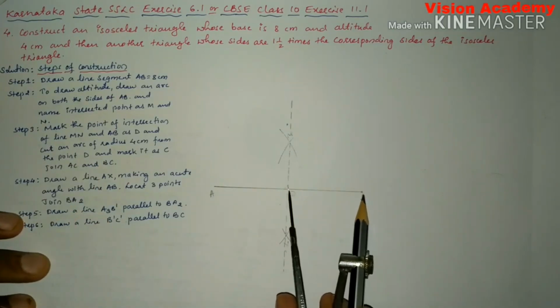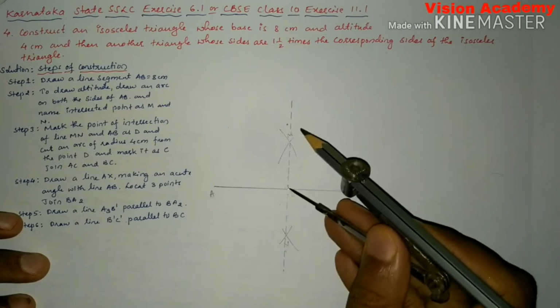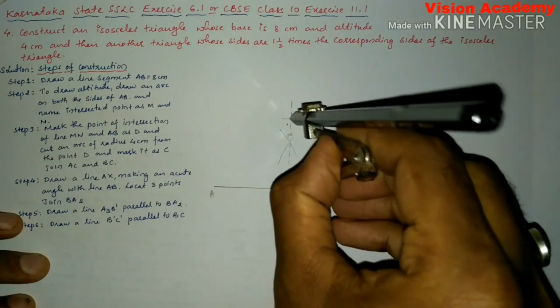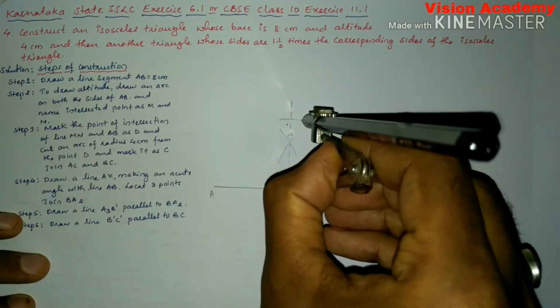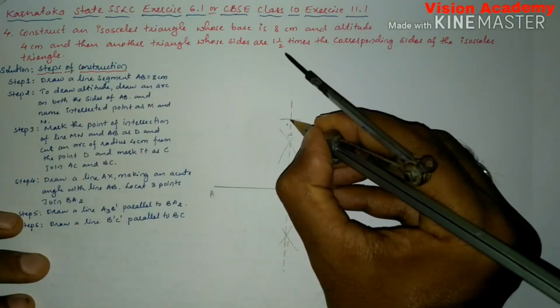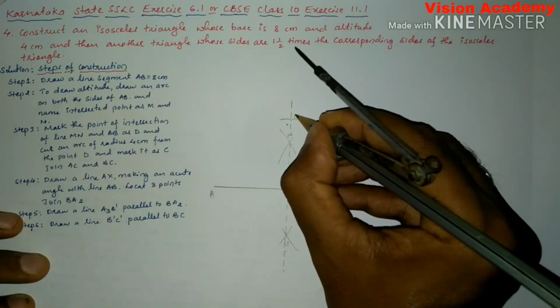Now I'm going to take the length of this DB, that is 4 cm, and keep it on D and cut here. So I'm going to get one point. Let us name this point as C.